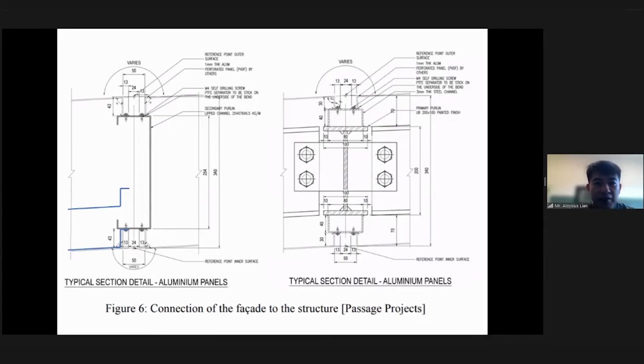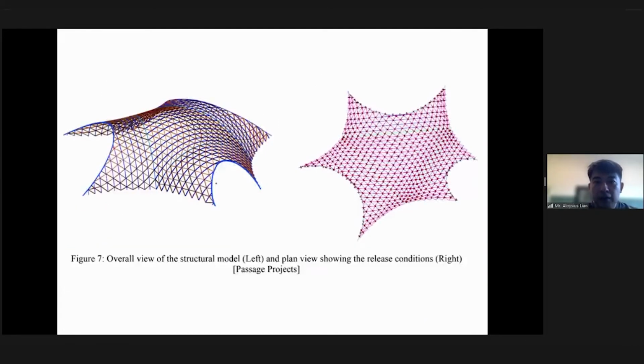So in the end, we developed a system whereby we do a very simple self-tapping screw detail. The panels are all bent in this portion over here, and then affixed to the purlins that go over the actual structure. So you can see here, this is the structural concept model from Passage Projects.